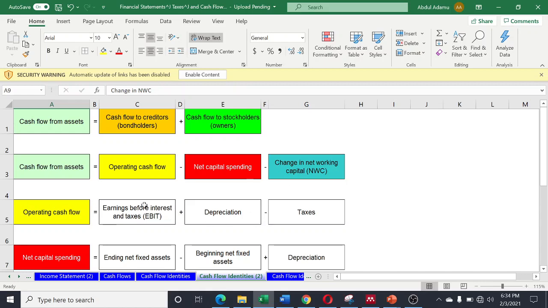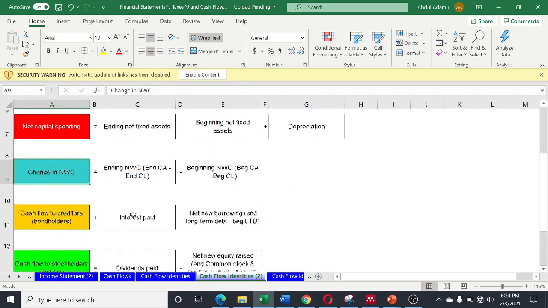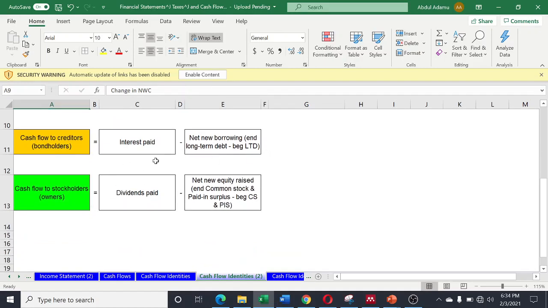So operating cash flow is calculated with this formula: EBIT plus depreciation minus taxes. Net capital spending is calculated by ending net fixed asset minus beginning net fixed asset plus depreciation. Change in net working capital is calculated with this formula, and cash flow to creditor is calculated like this, and this is also calculated like this.